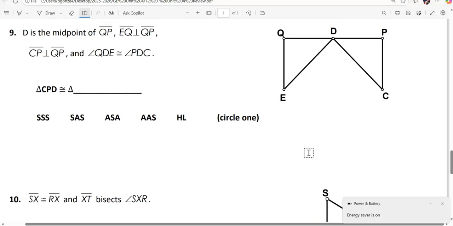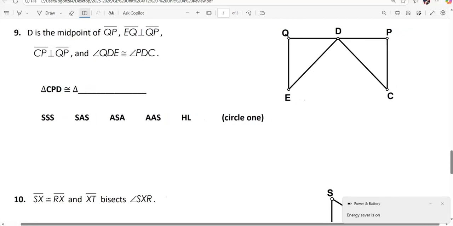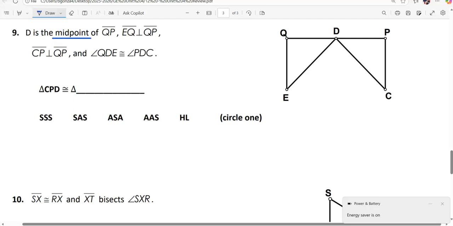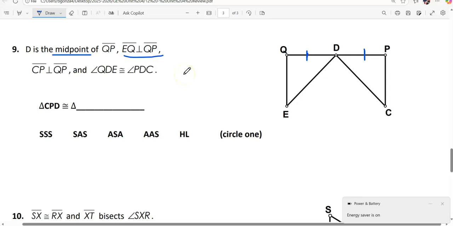All right, last but not least, number 9. When it says D is a midpoint, midpoint means you have to label congruent sides. D's in the middle, so this and this have to be the same. Okay? Now, y'all know the upside down T means perpendicular.